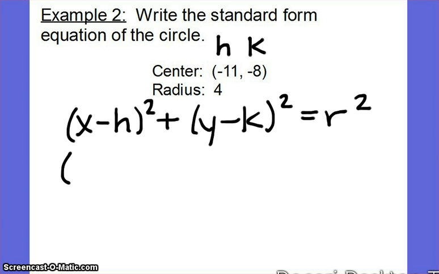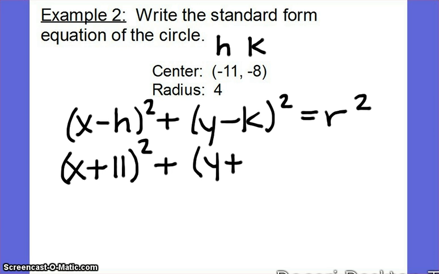So my first set of parentheses, I have x minus h. So that will be (x + 11) squared. My second set of parentheses, y minus k. So that'll be (y + 8) squared. And then since my radius is 4, 4 squared is 16. So there's my equation. A bit more straightforward than the last example.